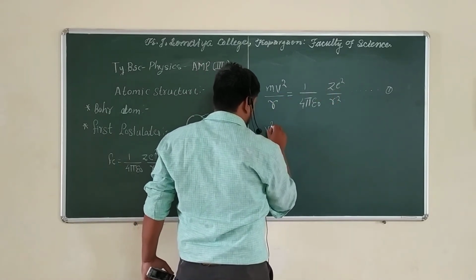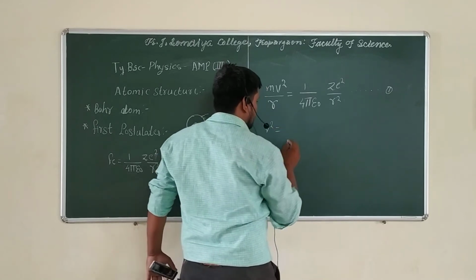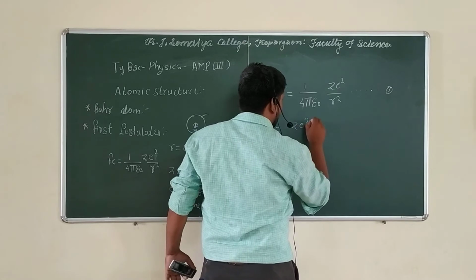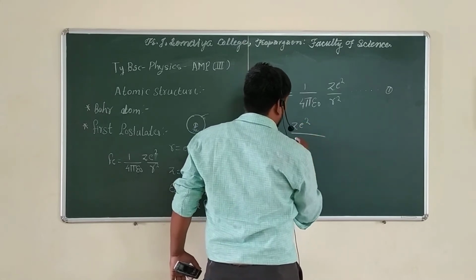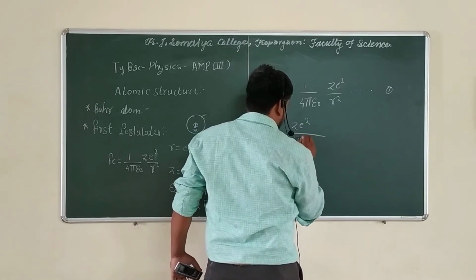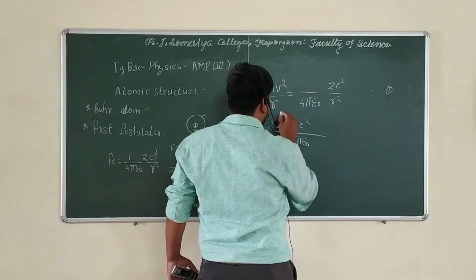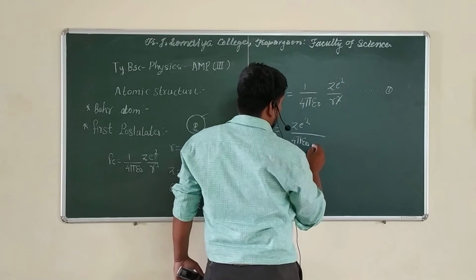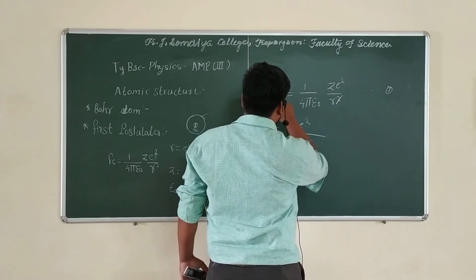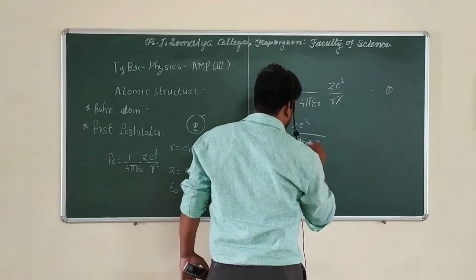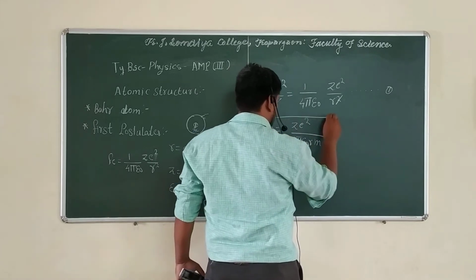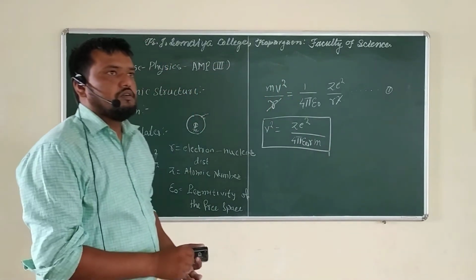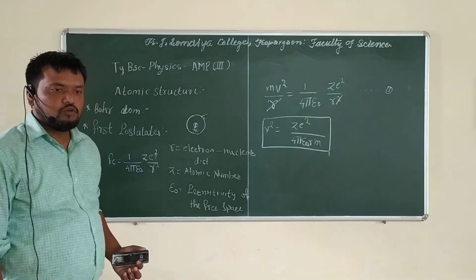So v square is Ze square upon 4 pi epsilon naught; one r gets cancelled, so r remains here and m goes to this side. So this is the v square value, and this is the first assumption of the Bohr model.